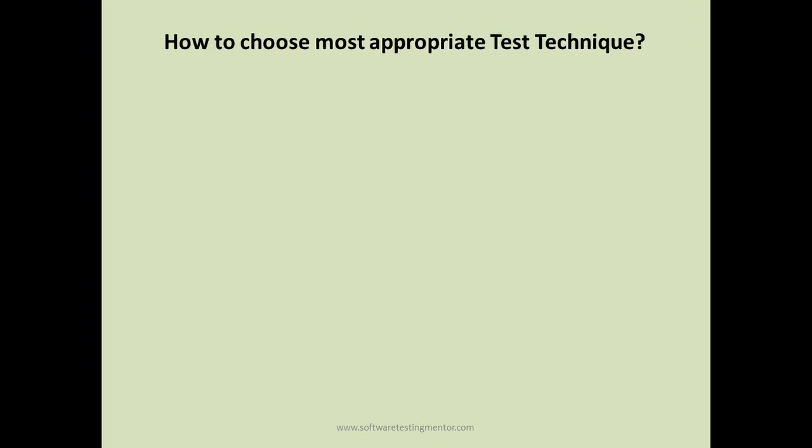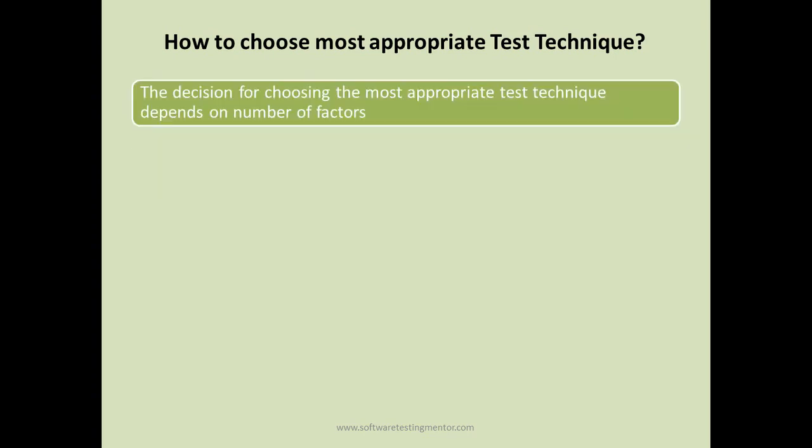So how to choose the most appropriate test technique? The decision for choosing the most appropriate test technique depends on a number of factors. So let's discuss what are the factors on which the decision of choosing the appropriate technique depends.